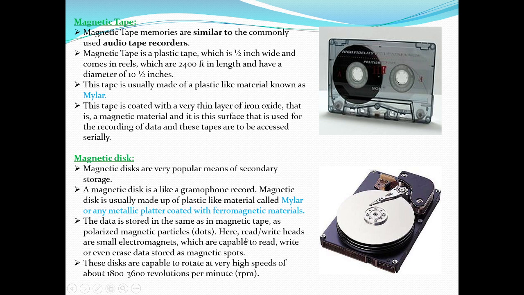So from this disk you can read and write. The read-write heads are small electromagnets which are capable of both reading and writing or even erasing data stored as magnetic spots. And these disks are capable of rotating at very high speed. So what is the speed? 1800 to 3600 revolutions per minute.